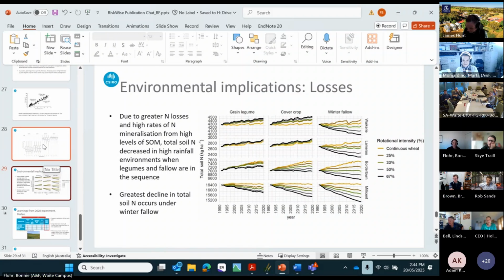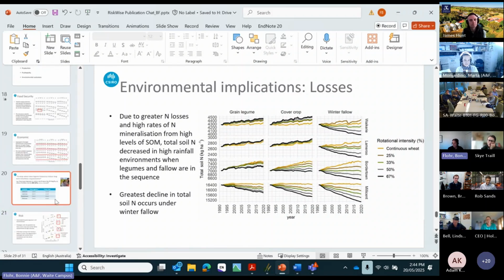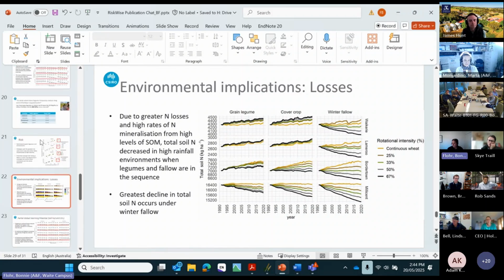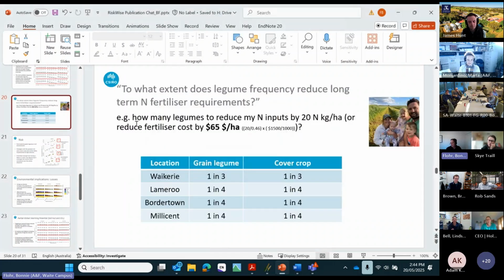Well, I think what we are doing on our farm is we are growing a legume every 3 years, which did line up with one of my slides. But it depends on the availability of what sort of legumes you can grow in your area as well.